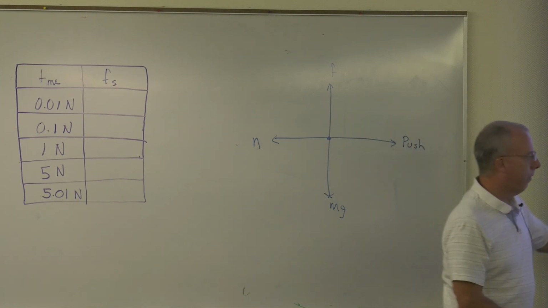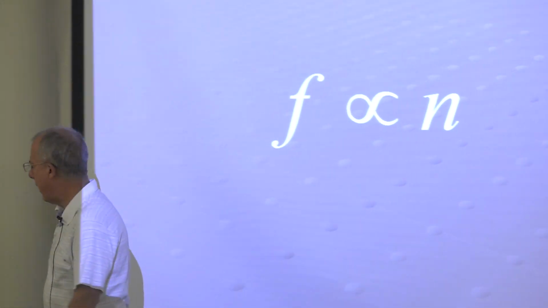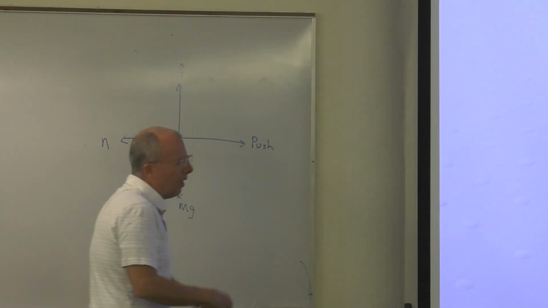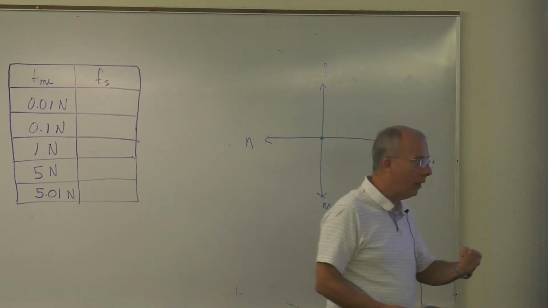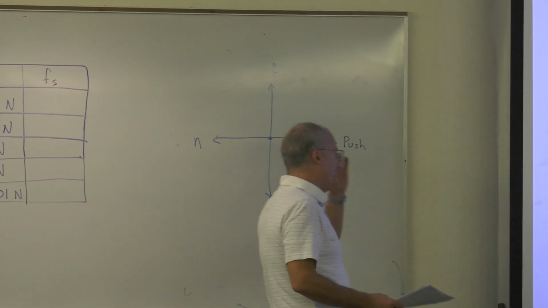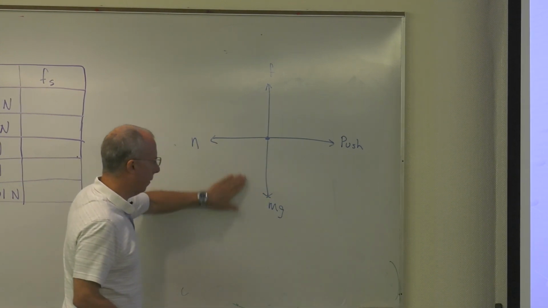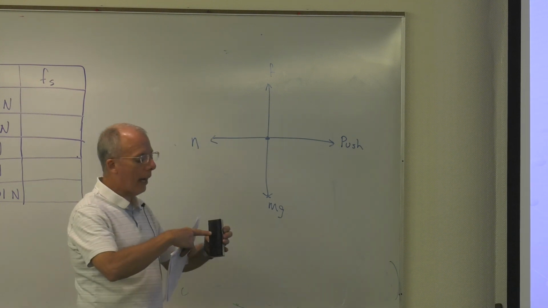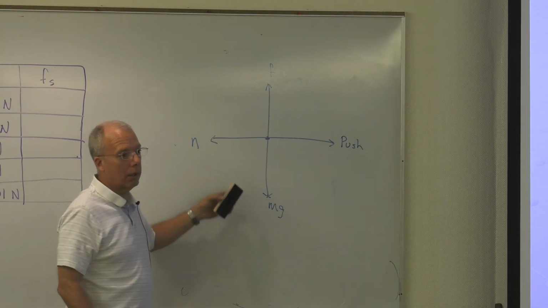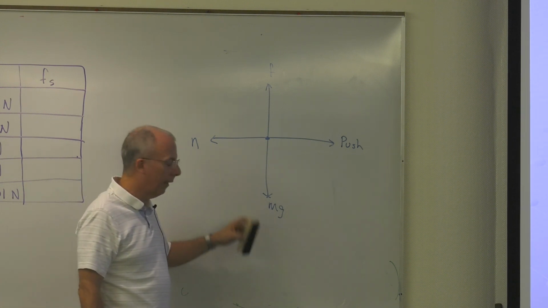Now, like I said, the frictional force is proportional to the normal force. Now, we don't really like proportional relationships in physics. We want an equal sign, right? So do you think the frictional force is going to depend on this surface as well as this surface? Well, yeah. If this were ice and this were ice, that would be different than if this were sandpaper and this were sandpaper, right?